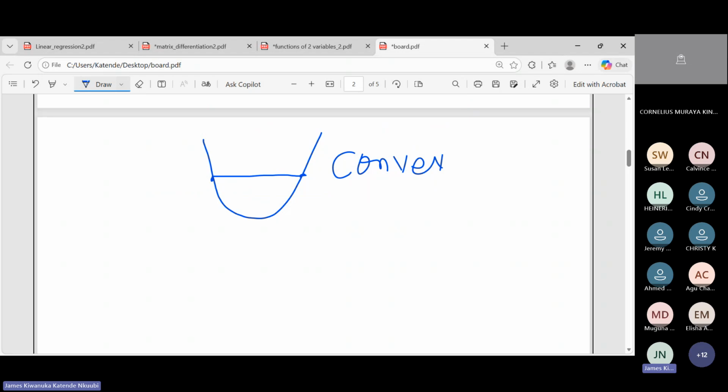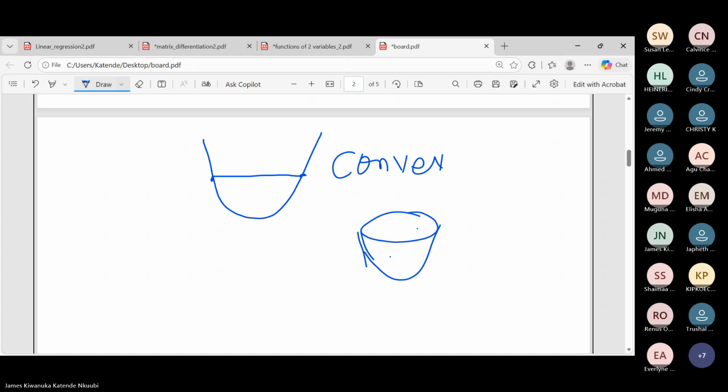If you move to 3 dimensions, it will look like a bowl. If you pick any 2 points inside the bowl and join them by a straight line, the straight line will be completely above or on the surface. Are we together? So this is what we mean by convex.